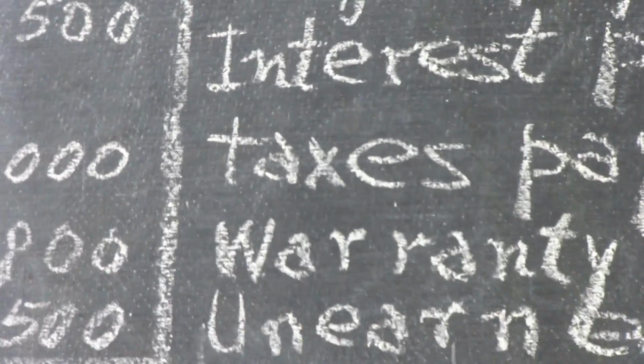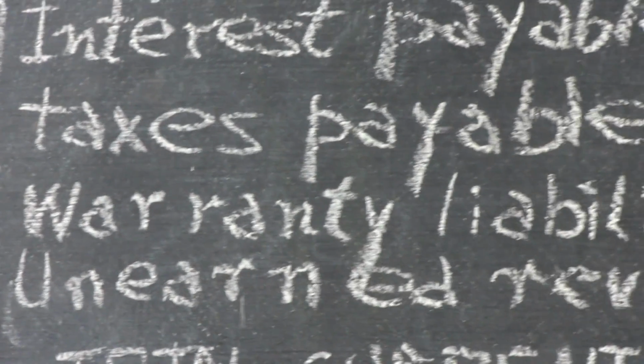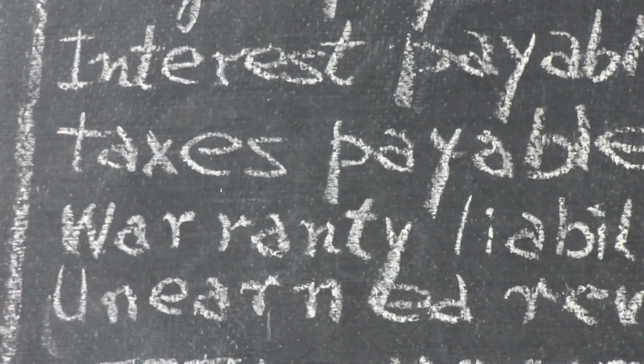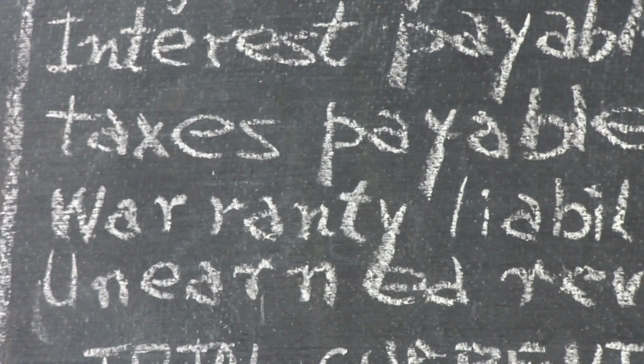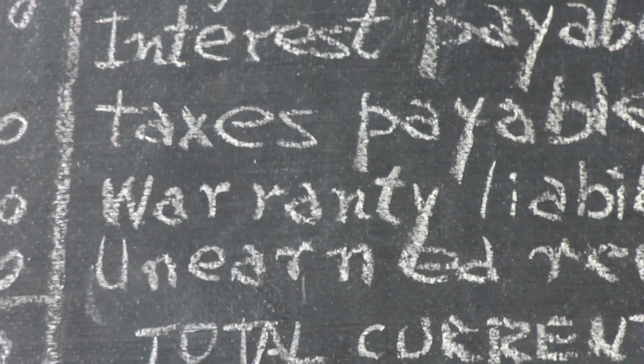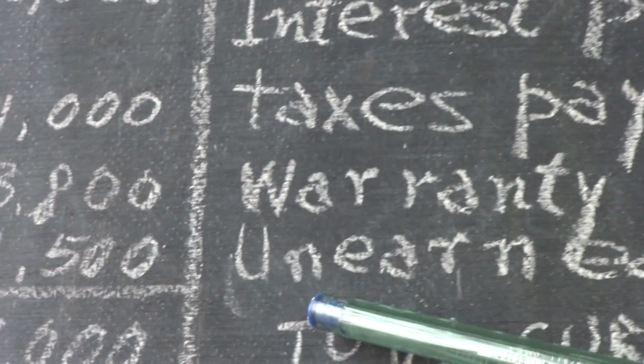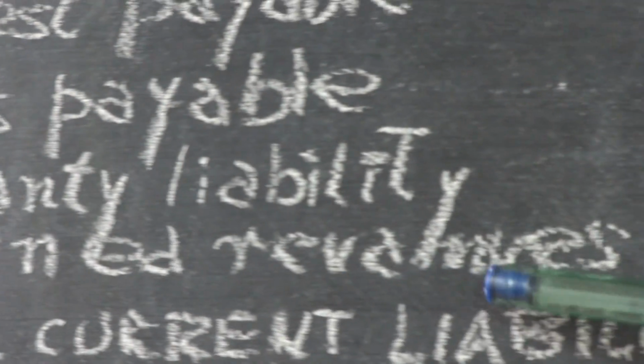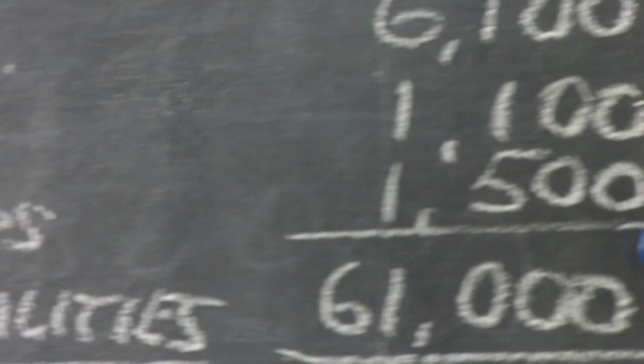These are the debts the Bright Corporation has to pay to its clients for the products sold. Then we have unearned revenues by $1,500.